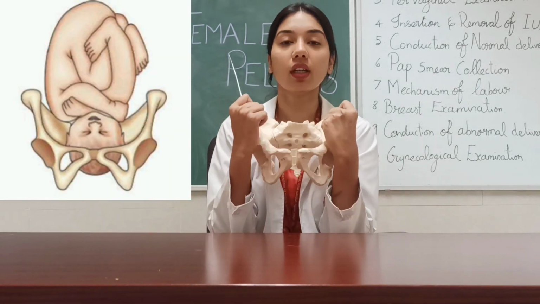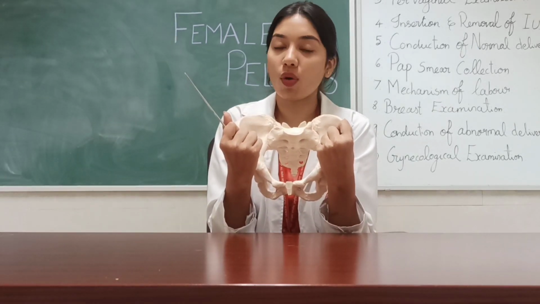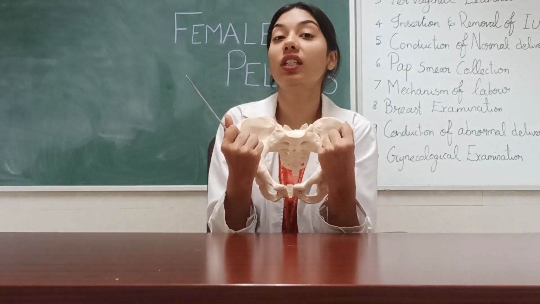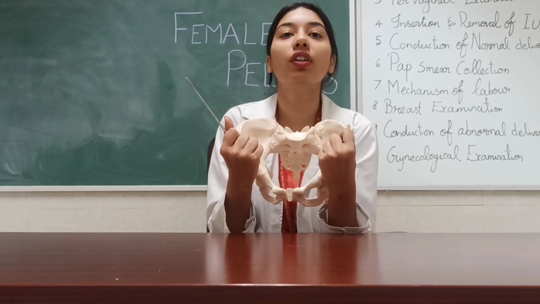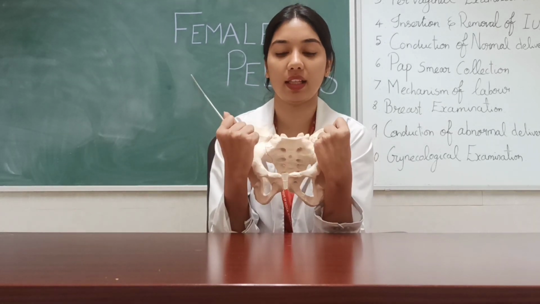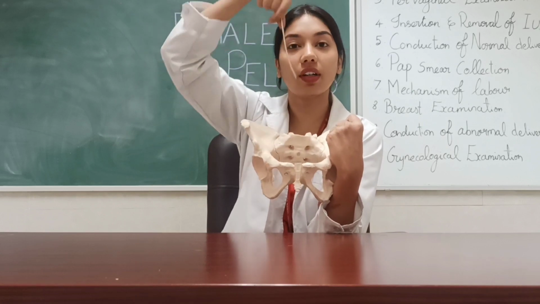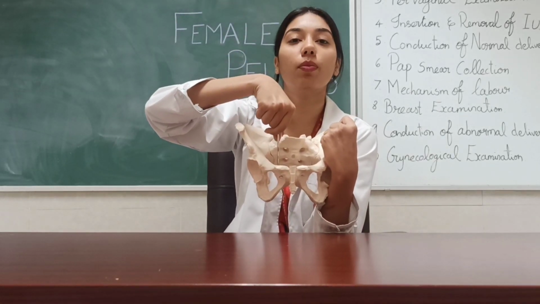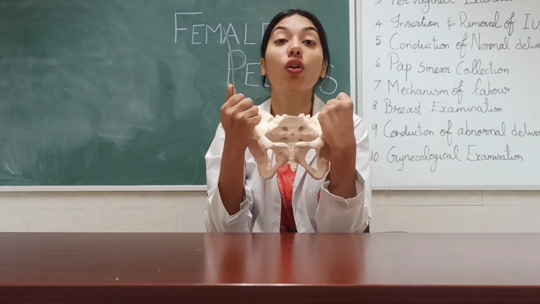With the normal position of the pelvis it won't favor a direct occipital posterior position. But if the angle of inclination is increased to more than 55 degrees, the pelvis will become like this, and it will favor direct occipital posterior positions, and that can cause complications in normal labor.